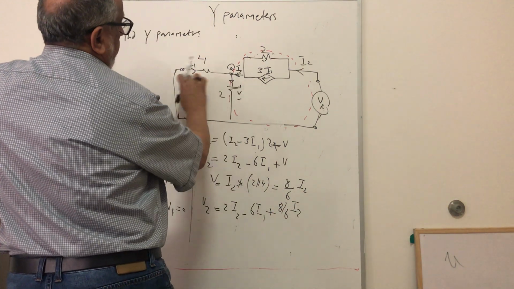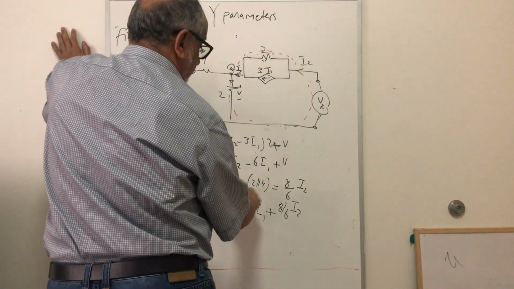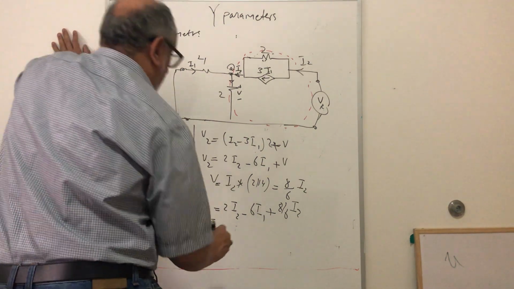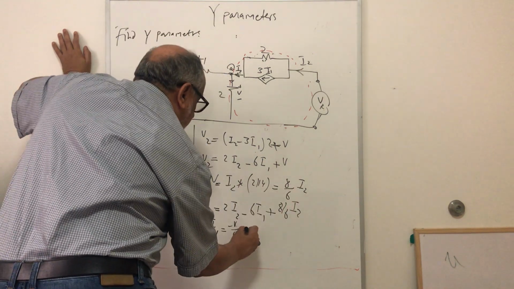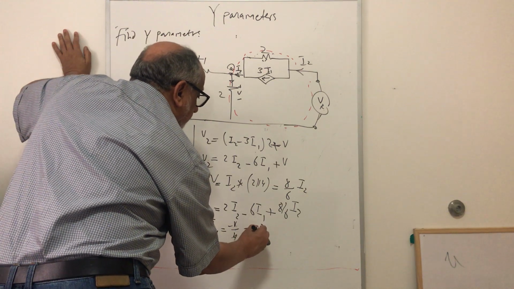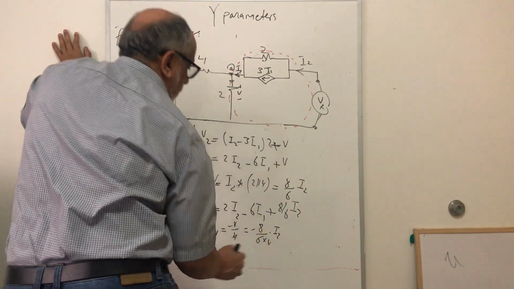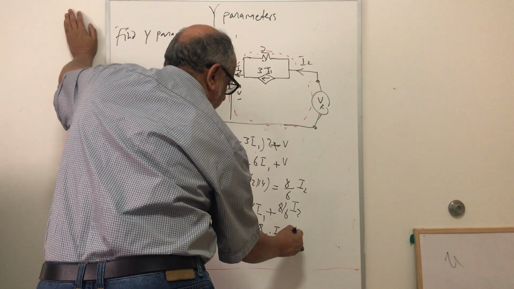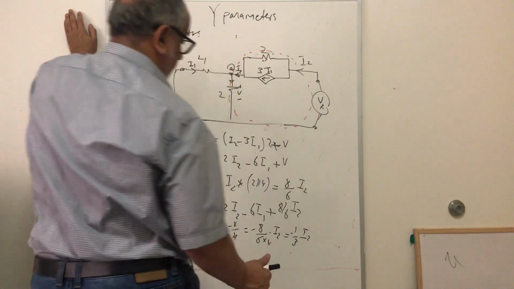But I1 is minus V over 4, right? And V is 8 over 6 I2. So I1 is equal to minus V over 4, but V we have it there. So this is equal to minus 8 over 6 I2 times 1 over 4. So if we divide, that will be minus 1 over 3 I2.